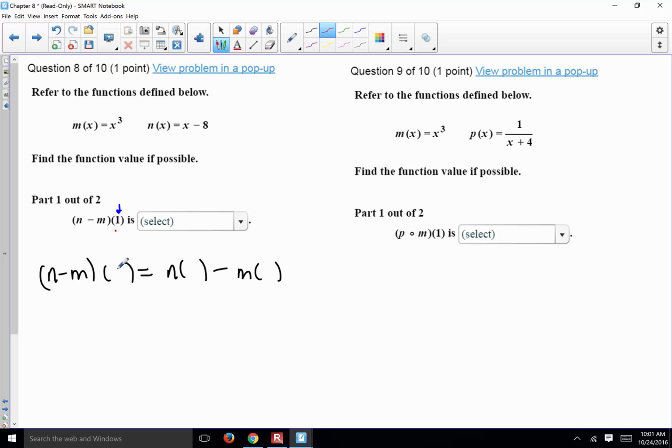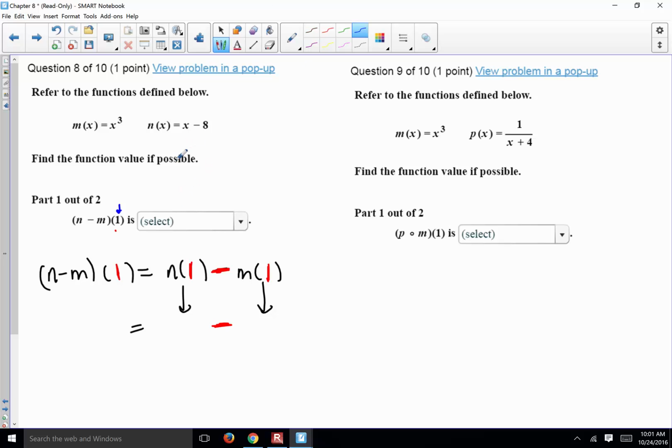That's it. I see 1 here. I'm making 1, 1, and 1. Again, this is just a subtraction question. This is not composition anymore. In subtraction, you need to compute the first, compute the second, and subtract. Now how do I compute n of 1?